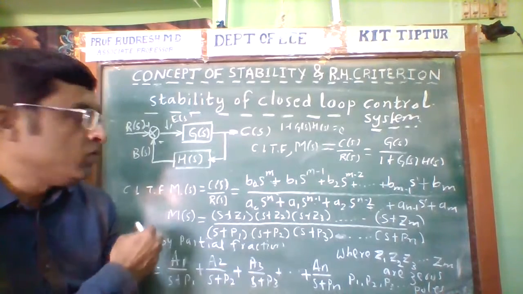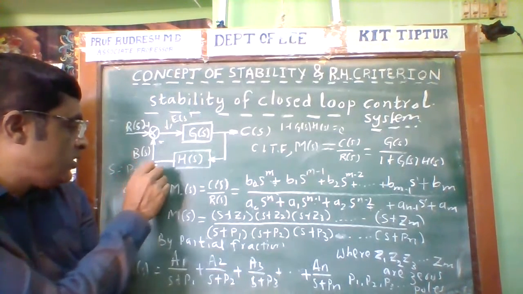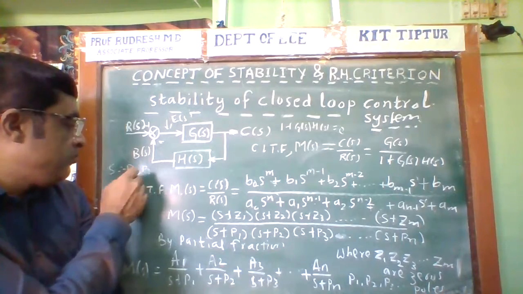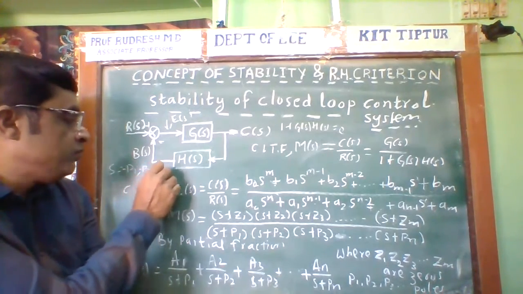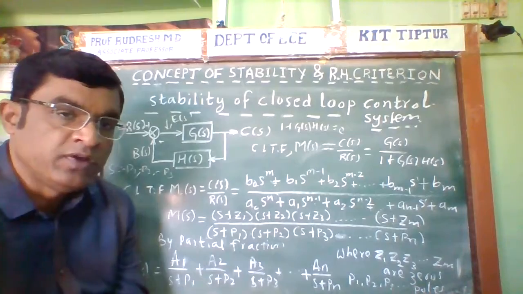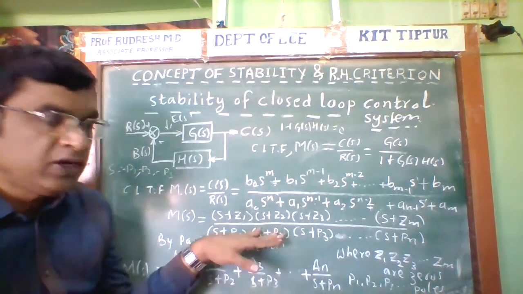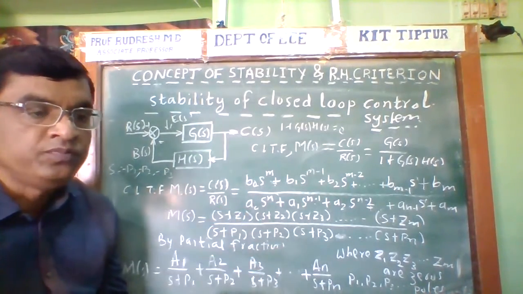Then s is equal to minus p1, minus p2, minus p3. These are the roots of this particular equation, and the roots of the denominator polynomial are called poles.